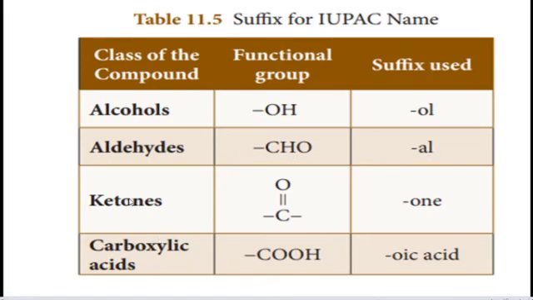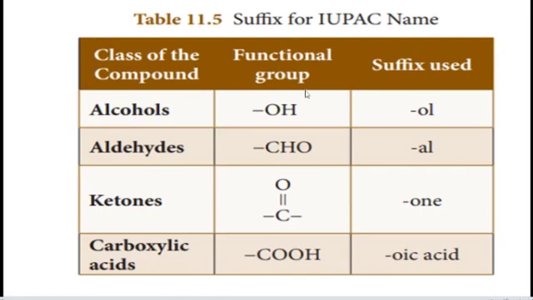Then the third one, the class of the compound is ketone. The functional group is CO. ONE is the suffix word. Then carboxylic acid. The functional group is COOH. OIC acid is the suffix used. Suffix for IUPAC name. IUPAC means International Union of Pure and Applied Chemistry.